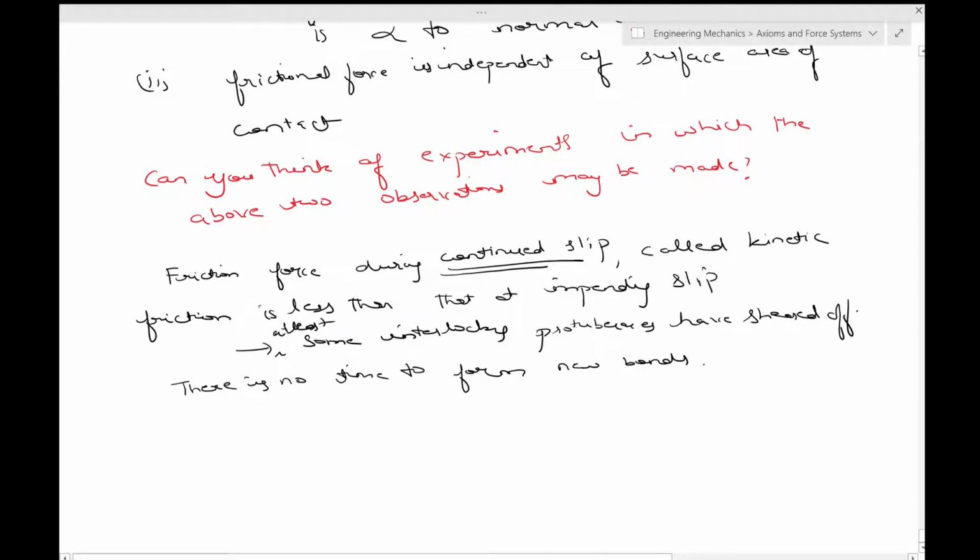By and large this is true, and it also depends on the local temperatures and the adhesion between the contacts and so on. So a lot of other factors affect the magnitude of the friction force.